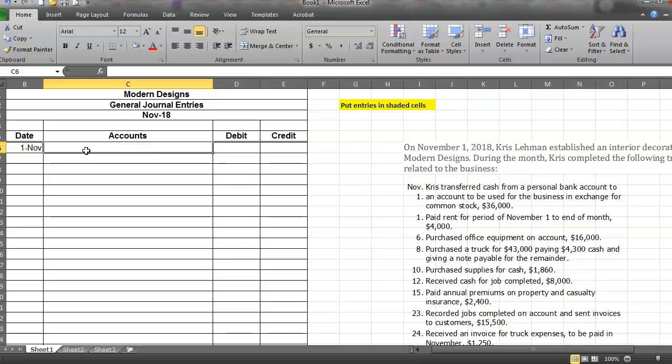Cash is an asset to the company, and common stock is an equity item. So with that knowledge, I'm going to increase cash for Modern Designs by $36,000. I'm going to debit that. I'm also going to increase my common stock, and I increase equity with credits. This is recording the purchase of common stock, or recording the sale, actually.